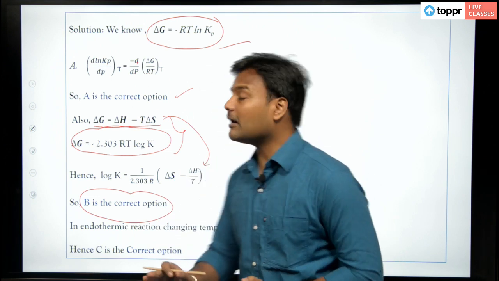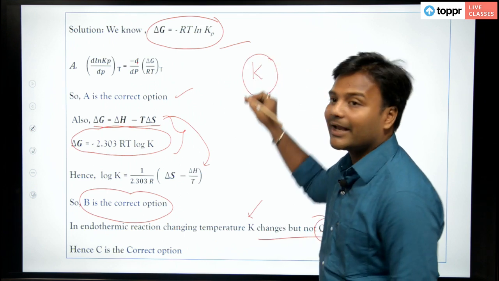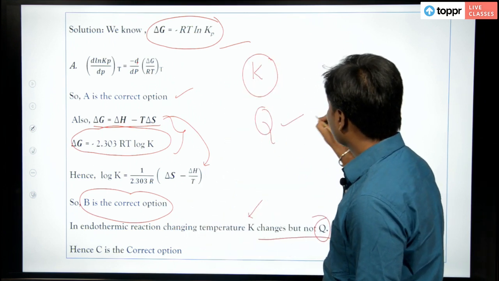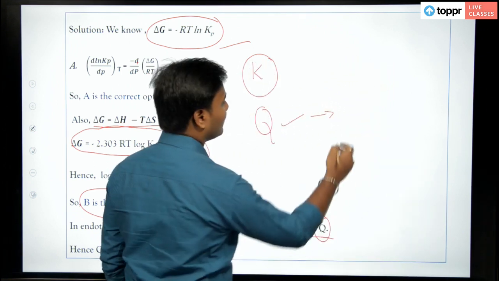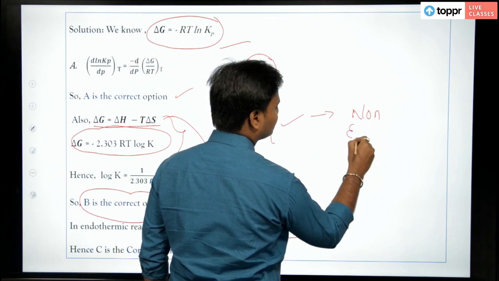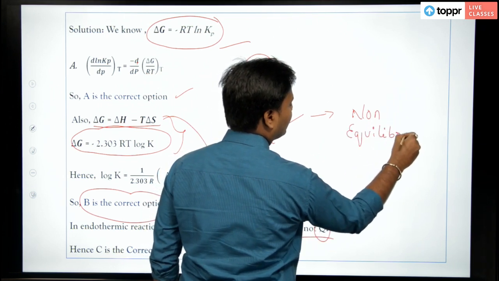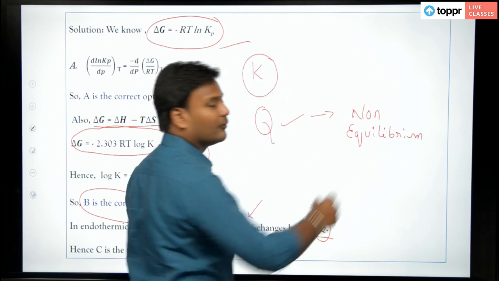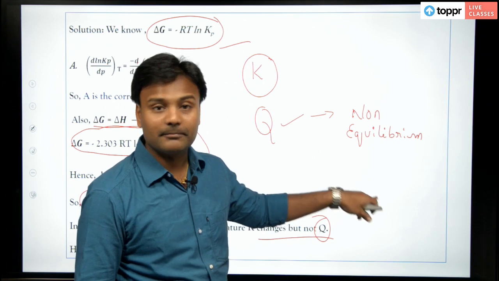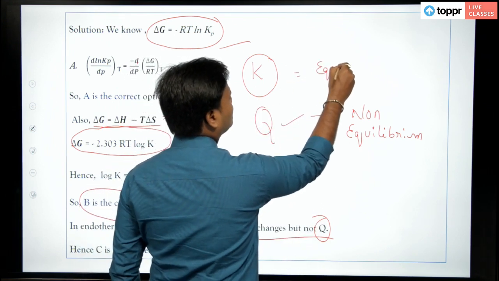Whenever you are speaking about the equilibrium, that is the value of K, but Q is something which we speak during non-equilibrium conditions. We need to find out the concentrations when the reaction is not at equilibrium, but here the reaction is at equilibrium.